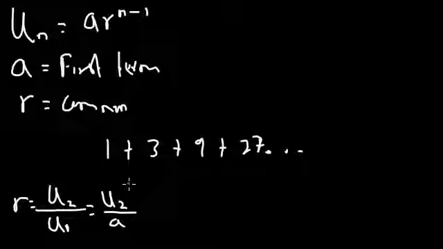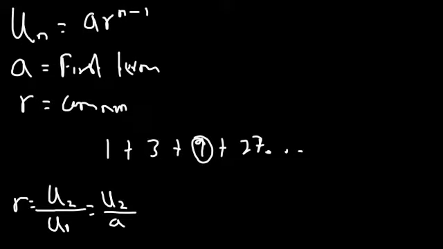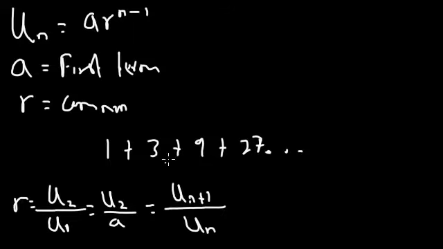Not only that, this common ratio can also be gotten by dividing 9 by 3, which means we can also say that the common ratio is equal to the ratio of u of n plus 1 divided by u of n. Notice that 3 divided by 1 gives us the same result as 9 divided by 3, and it continues like that. 27 divided by 9 gives us the same result.